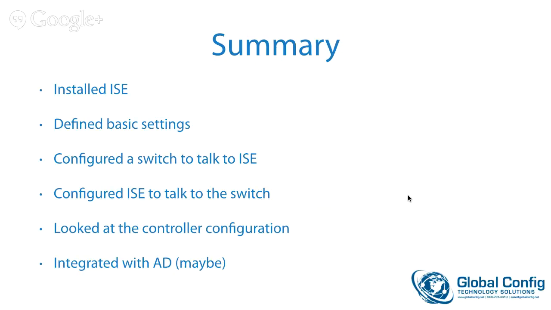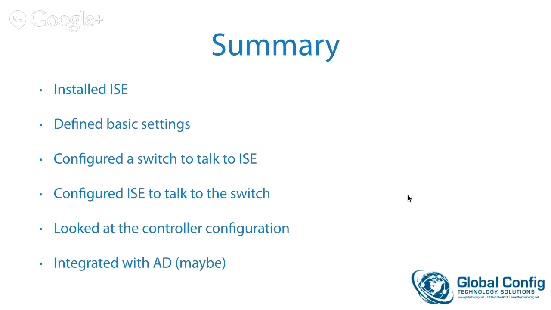So the summary of what would be basic installation, as far as I'm concerned, for just getting things up and running to a point where we can start configuring some authentications, maybe seeing something happen, is we install ISE. We go through the command line there and we define those basic settings. That was the NTP server, the time zone, the host name, the domain name, that type of stuff, the IP address of ISE.